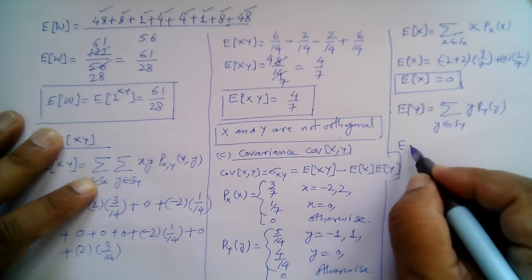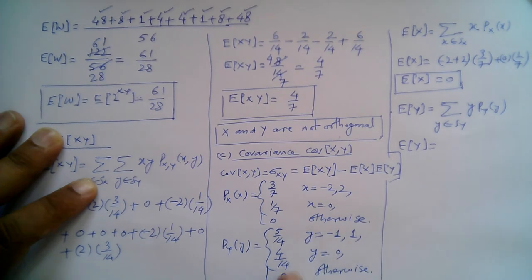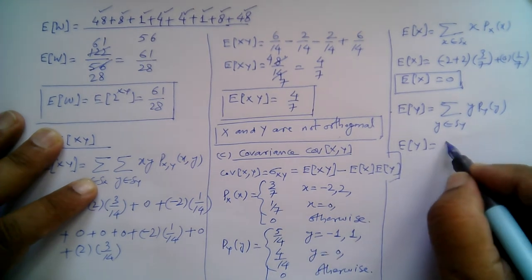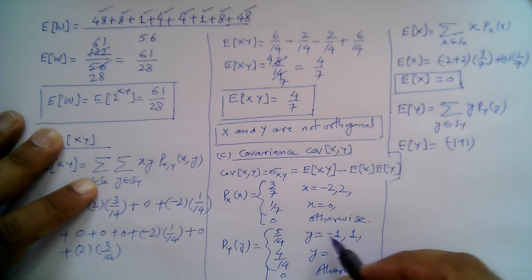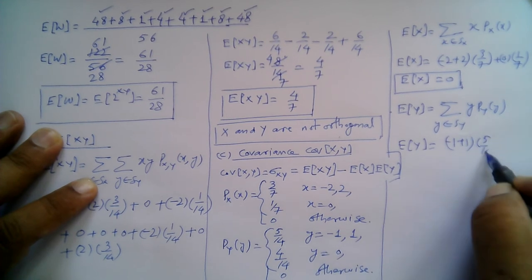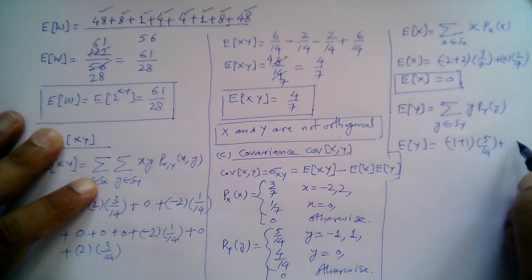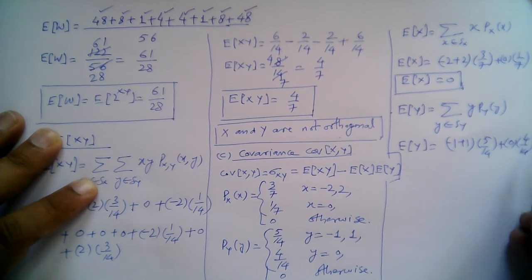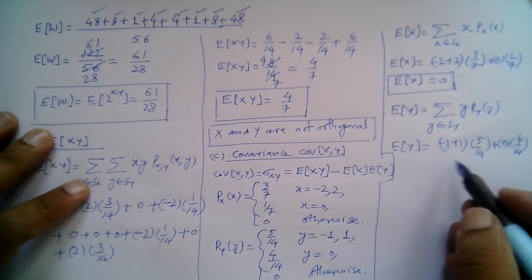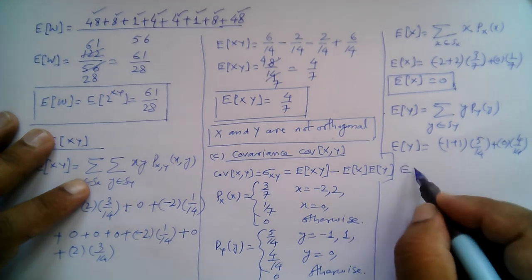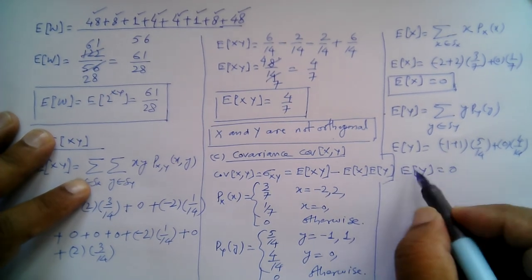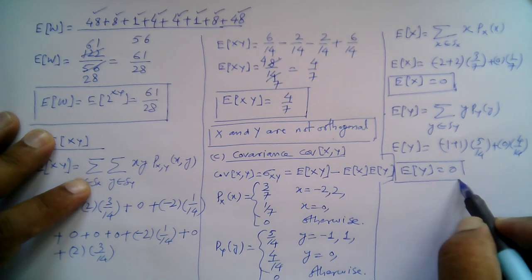So it is -1 plus 1 times 5/14 plus 0 multiplied by 4/14, right? So this again comes out to be 0. Expected value of y is also 0.